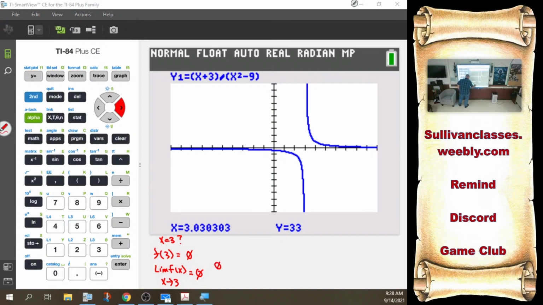And ugly equals ugly. So at x equals 3, this is not continuous. It failed the test. What type of discontinuity at x equals 3? Infinite.